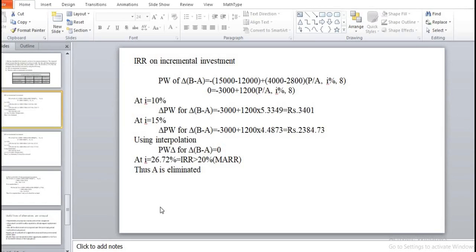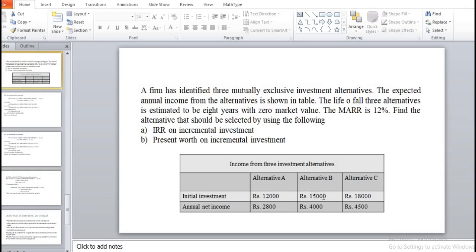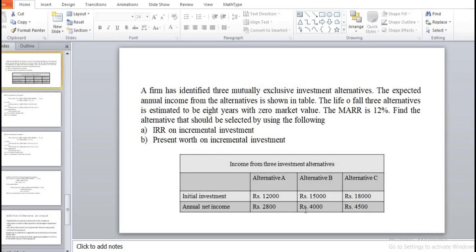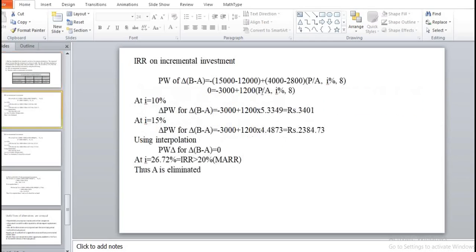We consider B minus A: 15,000 minus 12,000, this is the investment, plus this is the income, 4,000 minus 2,800. Again these factors are the present worth factors.